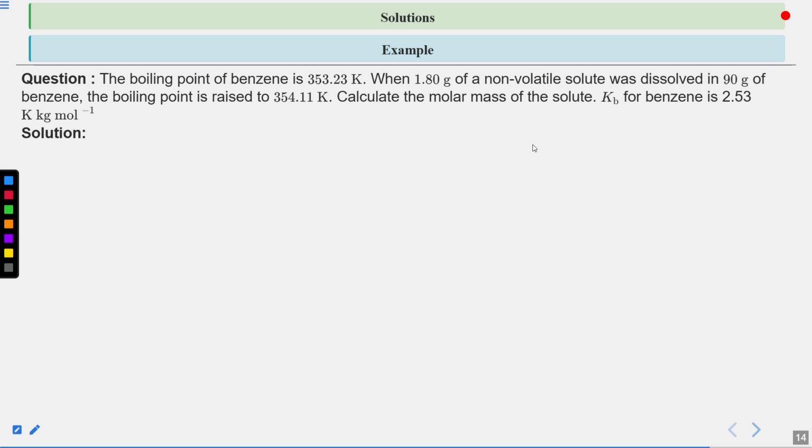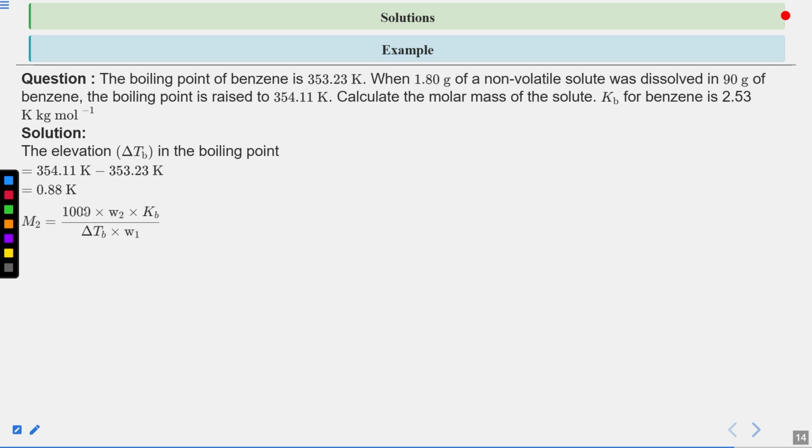How will we solve it? We know the formula for the elevation in boiling point. 354.11 minus 353.23, this is the amount of elevation. This is the initial one, and 354.11 is the final one. So final minus initial will give you the elevation. It will be 0.88 Kelvin.